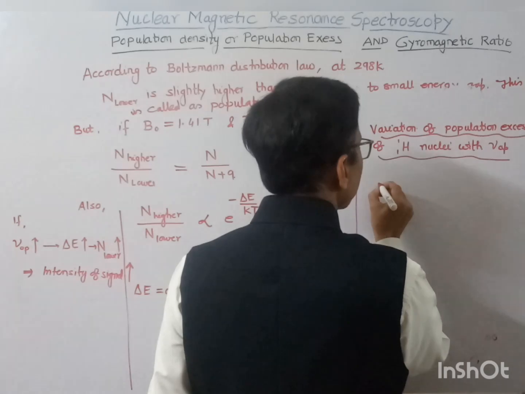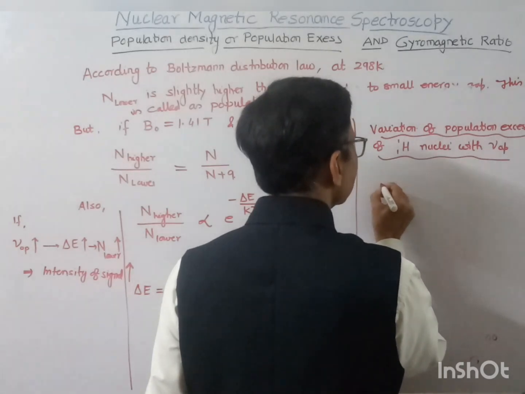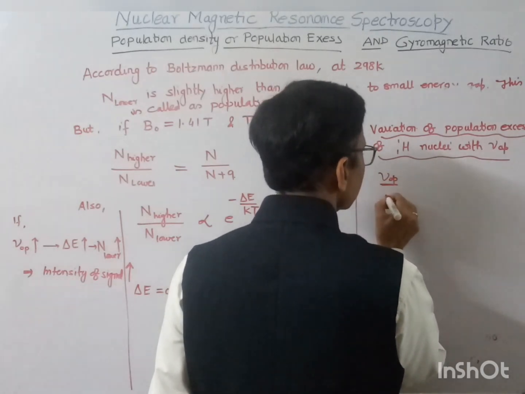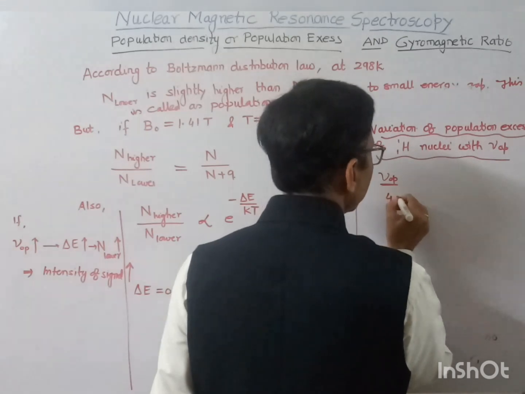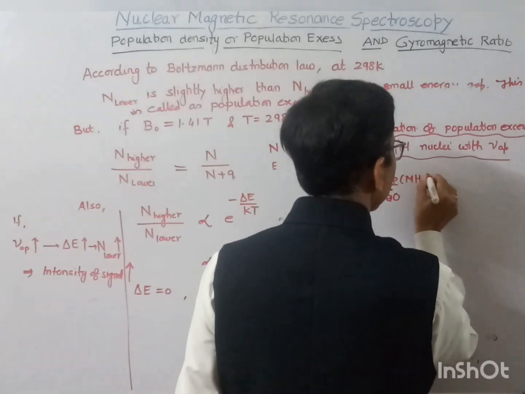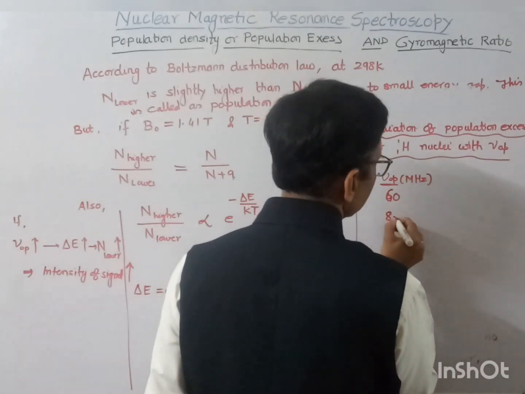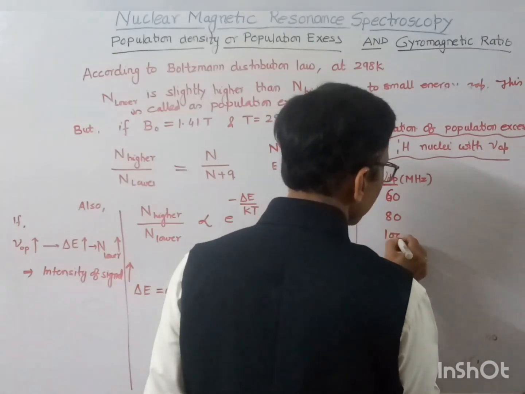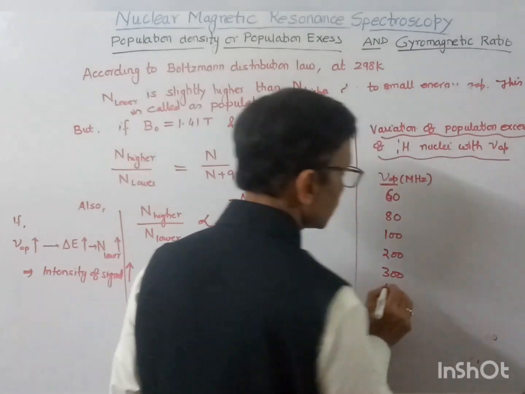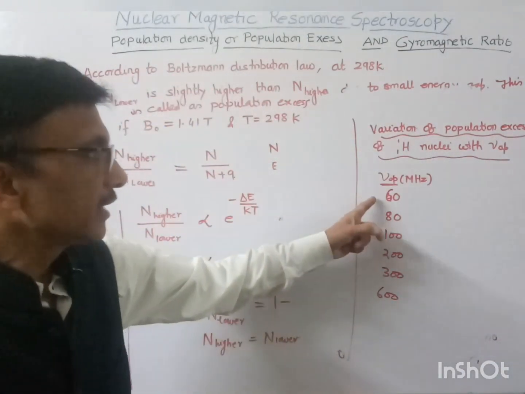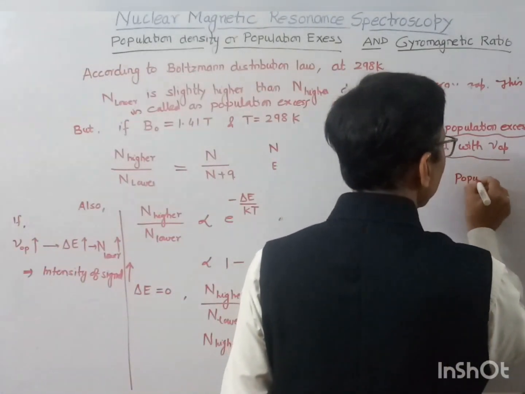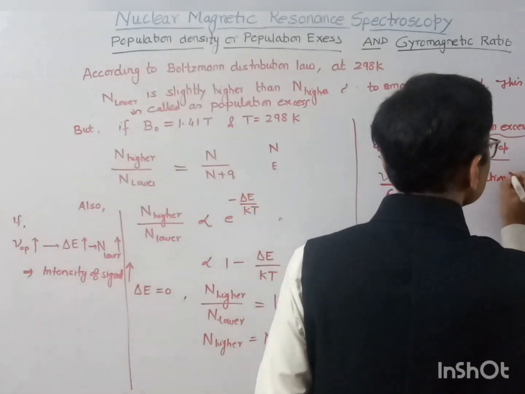Suppose the operating frequency is 60 megahertz, or 80 megahertz, 100, 200, 300 or 600 megahertz. It has been found that at 60 megahertz, at 1.41 Tesla, the population excess in the lower energy state is 9.